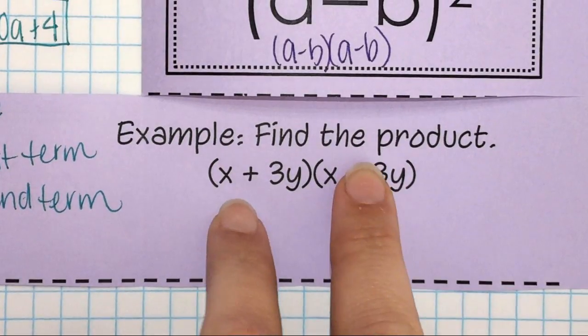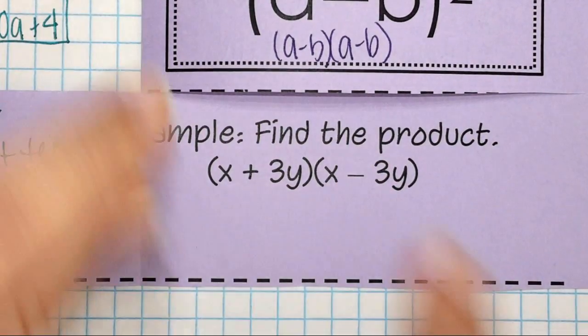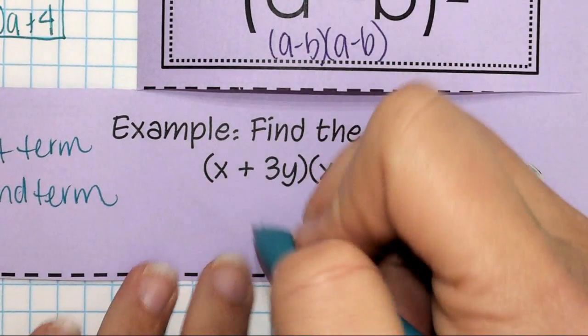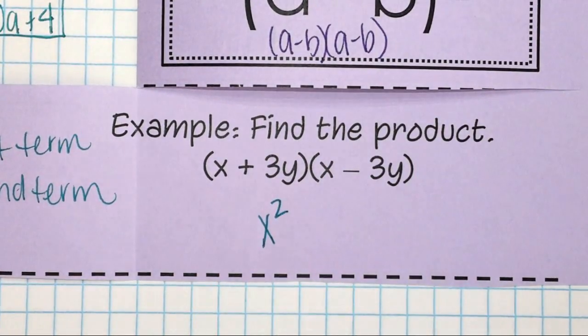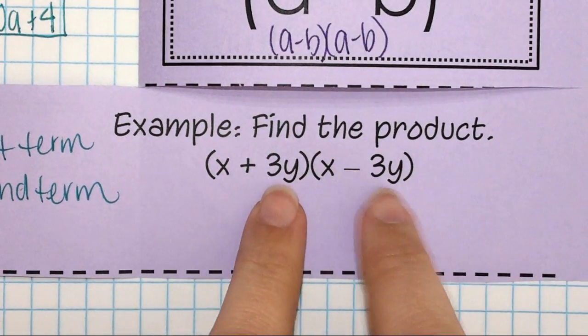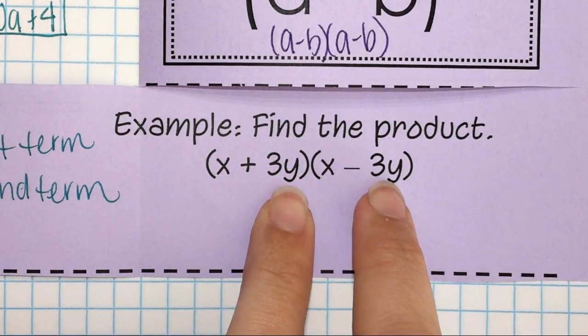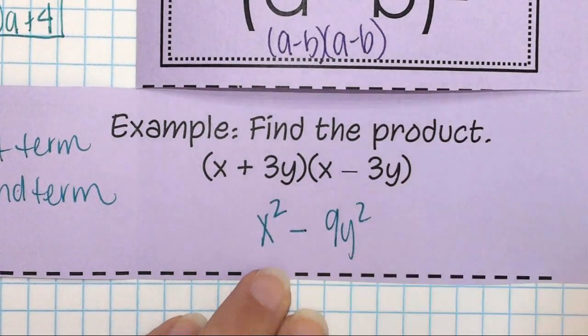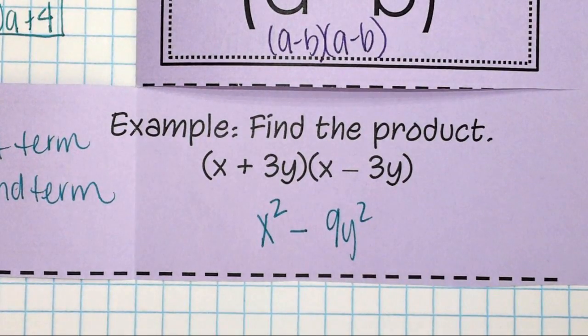Do you have a plus sign and a minus sign? You can use this rule. So you square the first term, which would be x squared. Then you square the second term, which is 3y. And if you square 3y, what do you get? 9y squared. And then you subtract them. That's it?